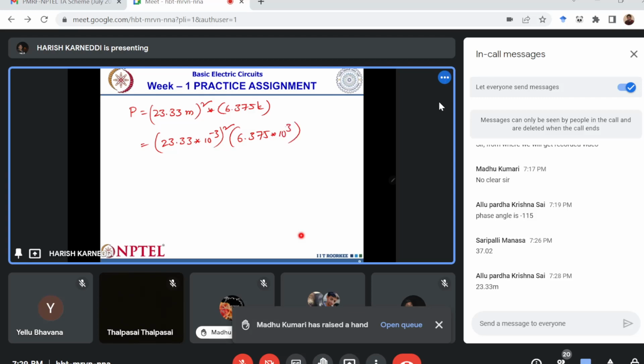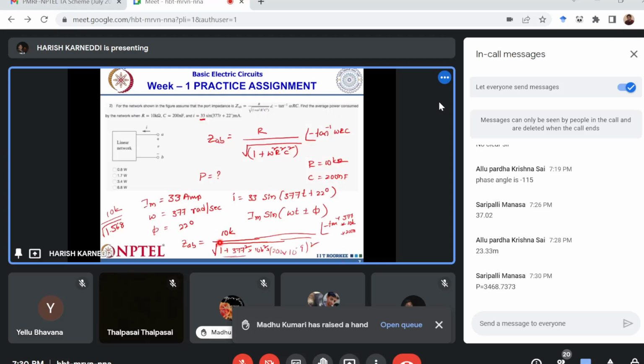One can calculate and drop in a text box. It is approximately 3.469 watts. The answer for the question is 3.4 watt.